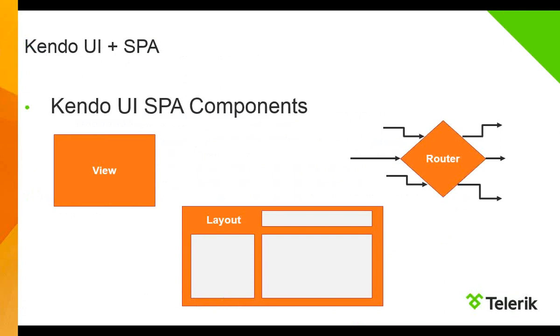Router, all it does is keep looking at the address bar. We can tell the router that, hey, if the user has set the URL something like slash view 1, I want you to intercept, and when that happens, I want you to show maybe view 1 or maybe view 2 or something like that. So the router looks at the address bar or your URLs, and keeps looking out for fragments.